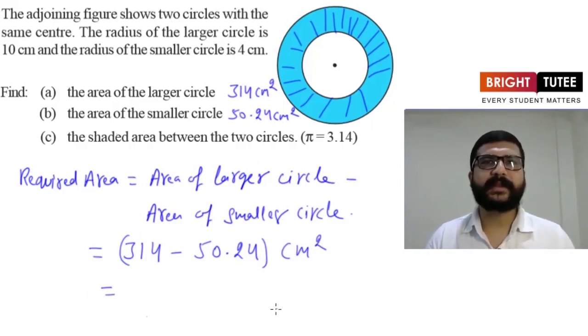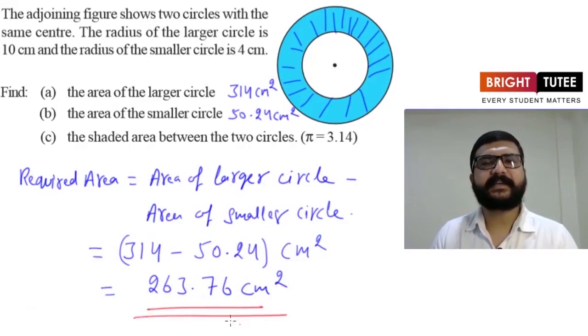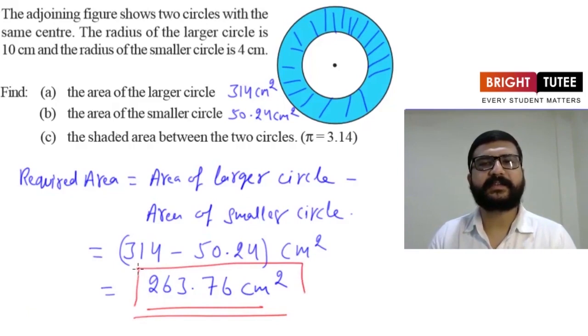You know how to subtract two numbers. So we will get 263.76 square centimeters. So the shaded region is 263.76 square centimeters. So this will be the answer for the third part of the question.